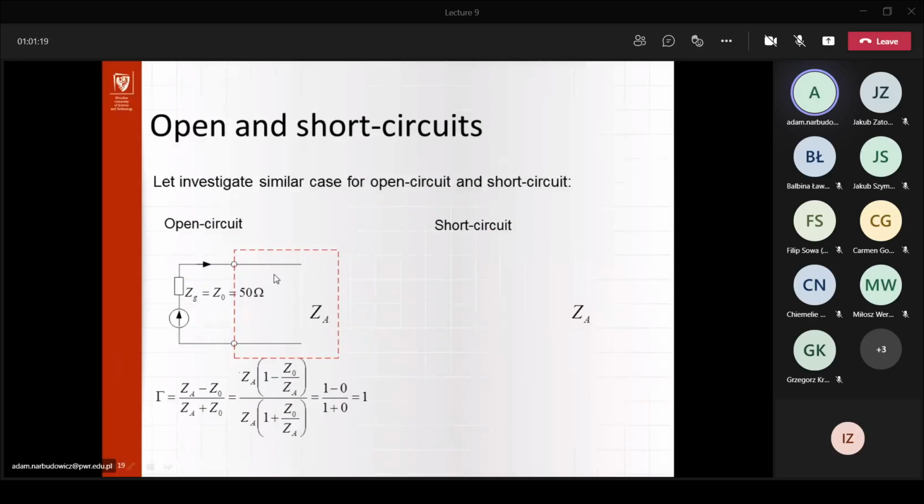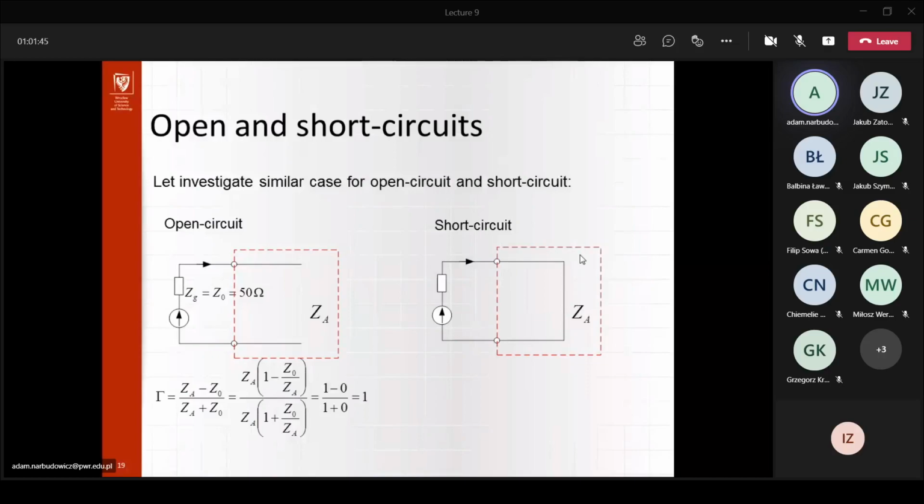Your signal simply doesn't have anywhere to go, right? That's the end of the line. So it gets to the end and bounces back into the source, into your transmitter. And in that case, of course, you have a perfect standing wave with a node at the end of your wire. Now, how will it look with the short circuit, on the other hand?